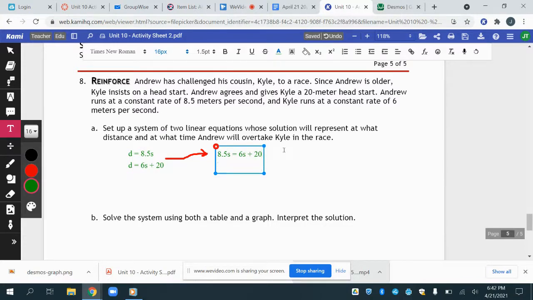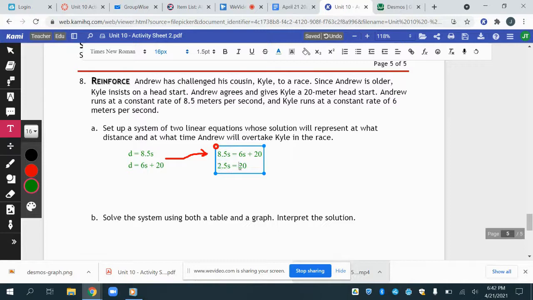Okay, I'm going to take 6 s's from each side. I'm going to stop thinking about them as seconds and just think about them as variables. That's going to leave me with 2.5 s equals 20. In other words, Andrew gains 2.5 meters every second because he runs that much faster than his brother.